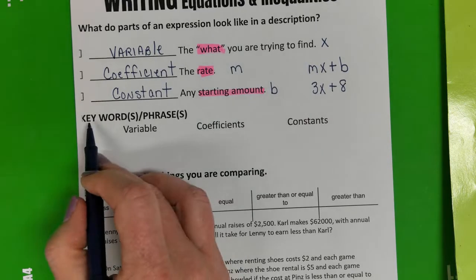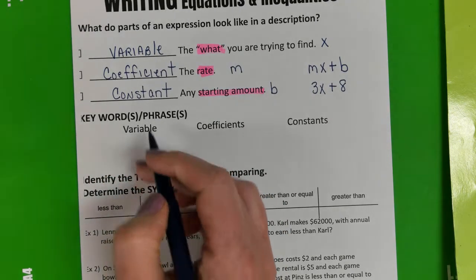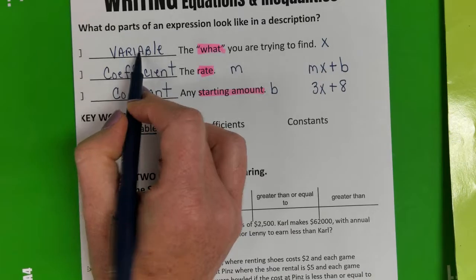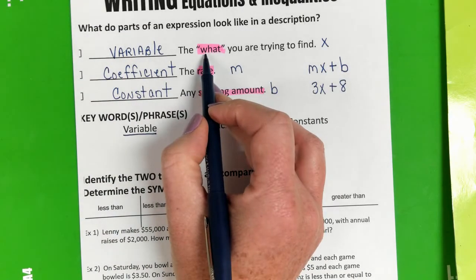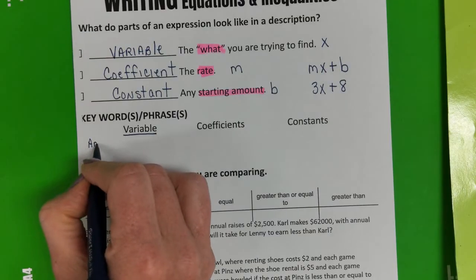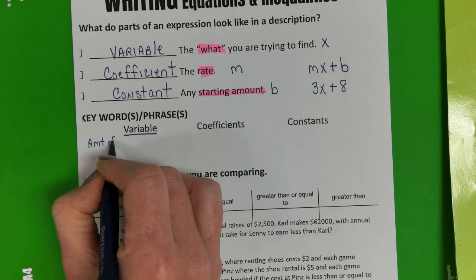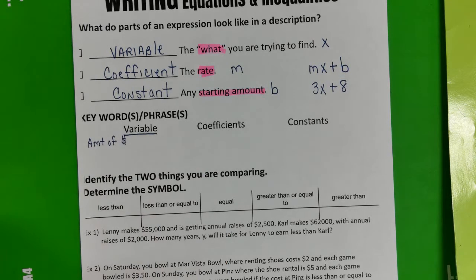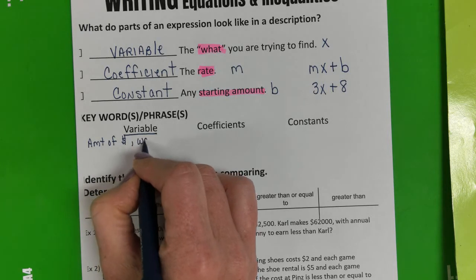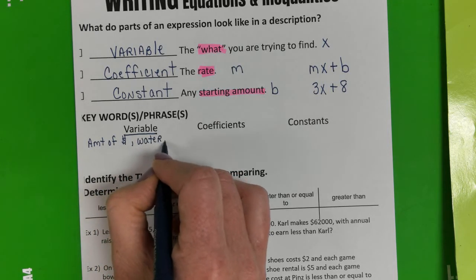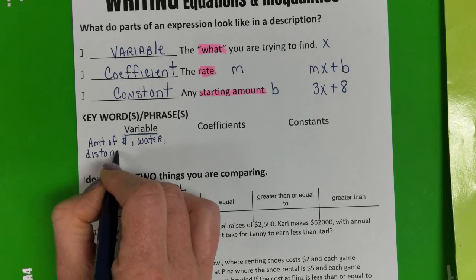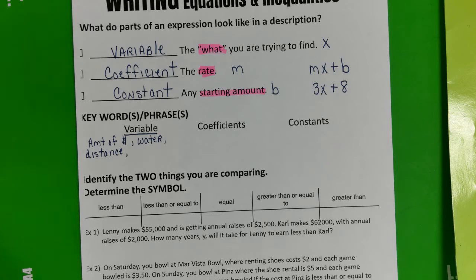Let's talk about some keywords or phrases that mean these different things. We talked about the variable being what you are trying to find. This could be the amount of money, water, the distance, how far do you have to go for something to happen.